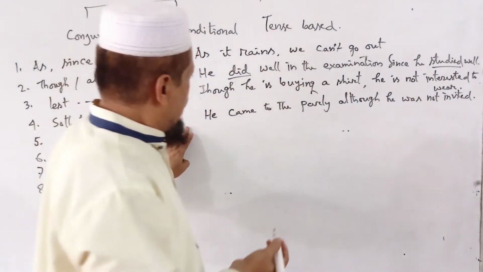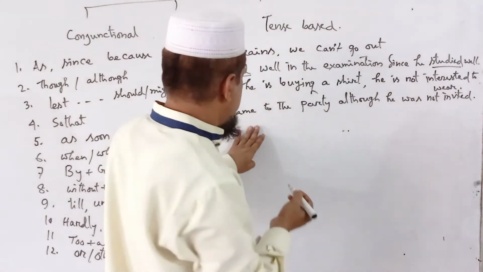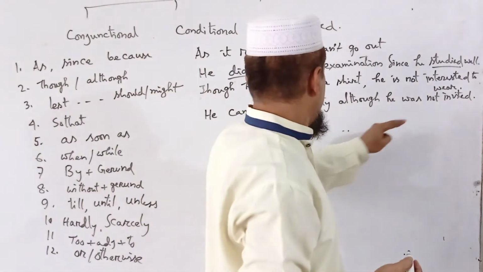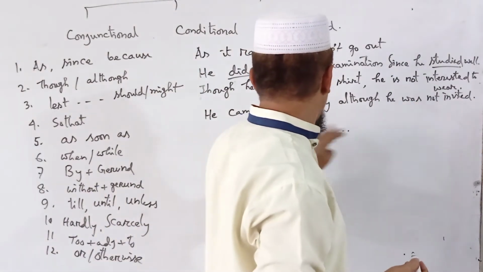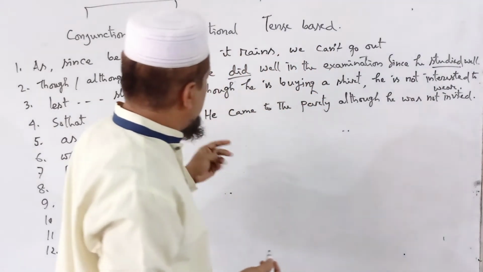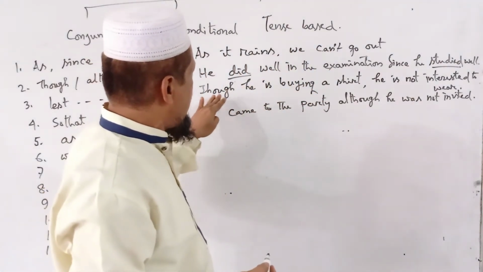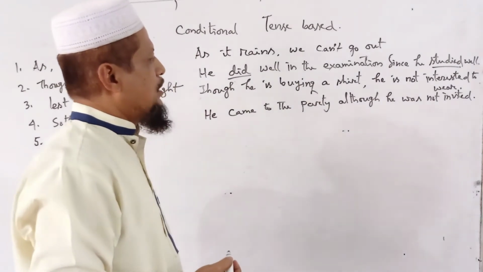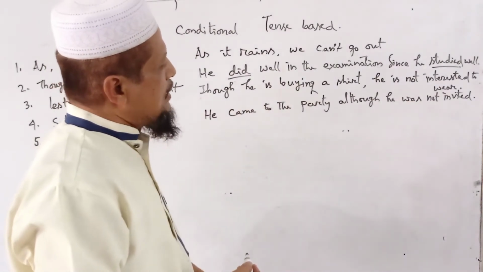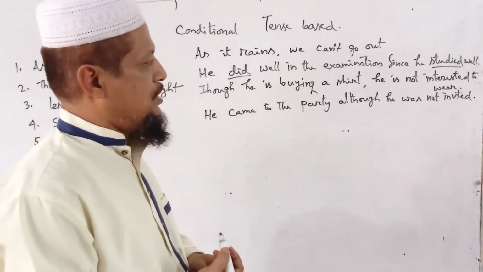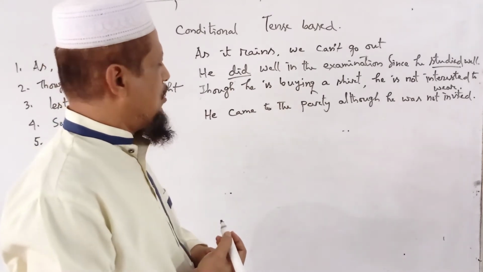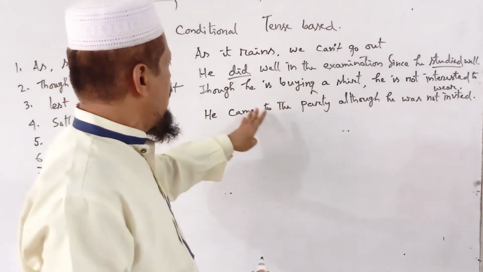You see, the first clause is opposite to the second clause, or the second clause is opposite to the first clause. If the sentence to be completed is connected with though or although, then you will add such a sentence that will be opposite to the meaning of the original sentence.